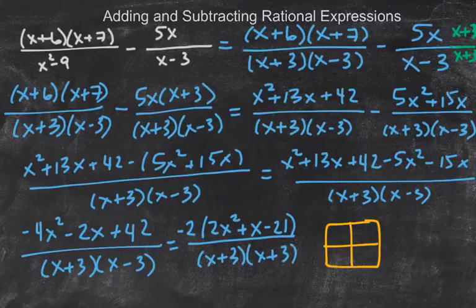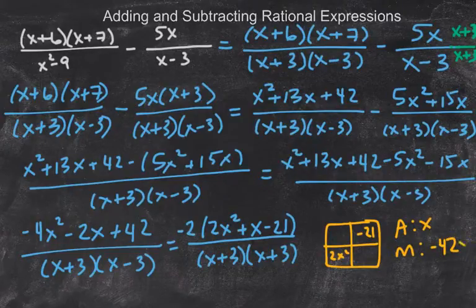And now I've got a quadratic expression with a 2x squared, negative 21. I want to add to 1x and multiply to negative 42x squared. The things that multiply to 42 are 1 times 42, 2 times 21, 3 times 14, 4 doesn't multiply in, 5 doesn't multiply in, and then 6 times 7.